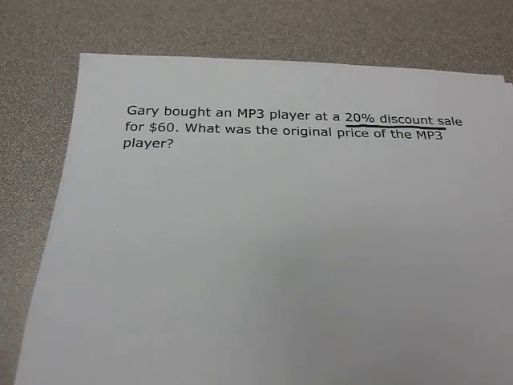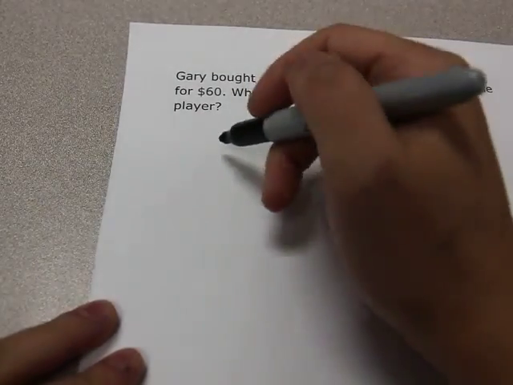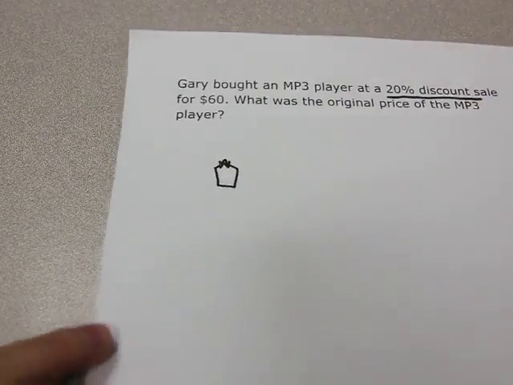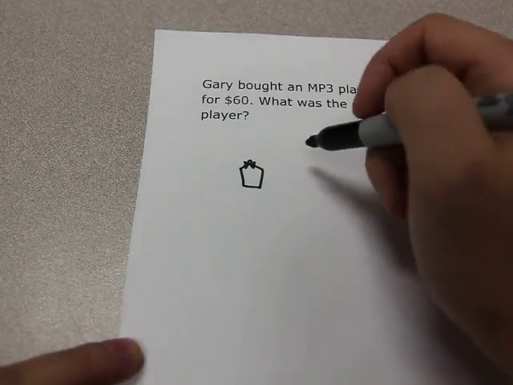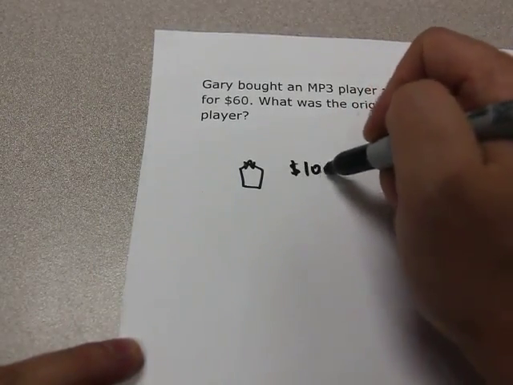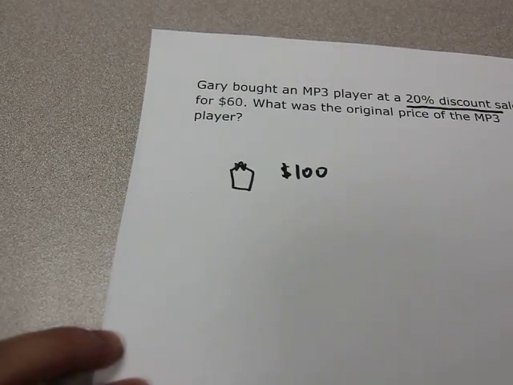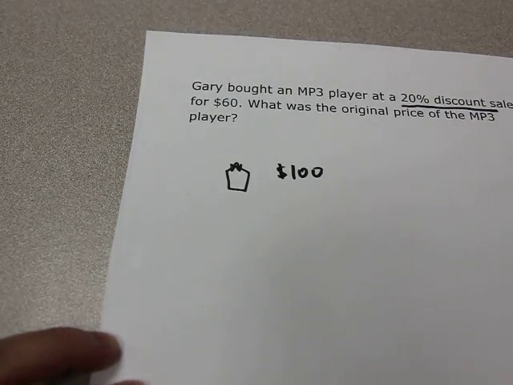Let me use this example. Let's say there is a clothes which you want to buy, and let's say the original price of this clothes is $100. And if you are told you can get a 20% discount for this clothes, what does this mean?